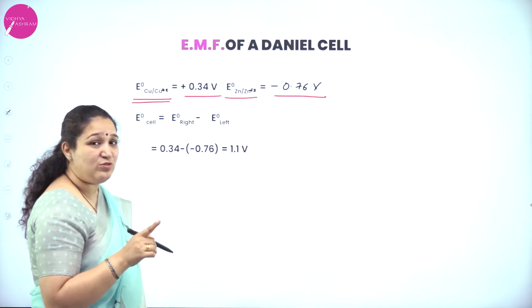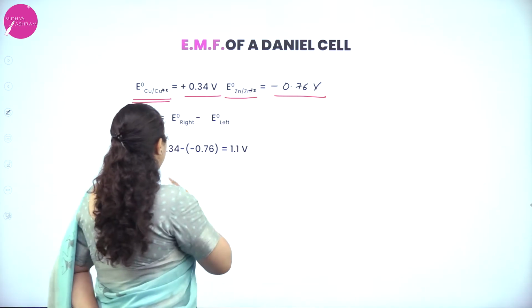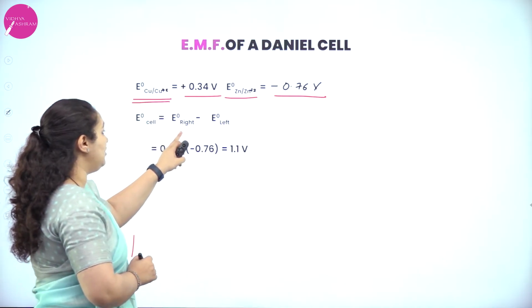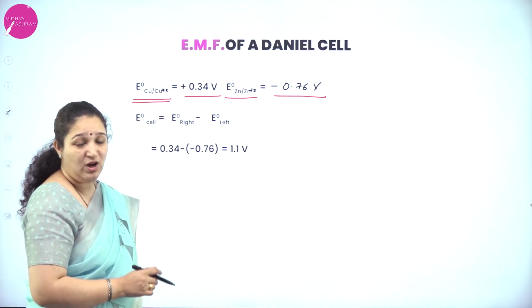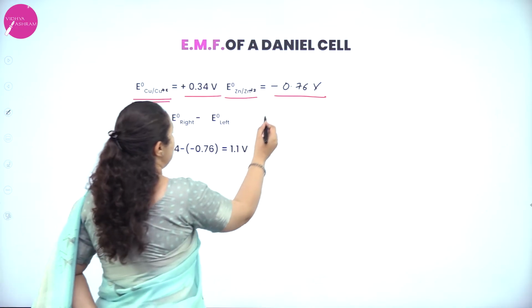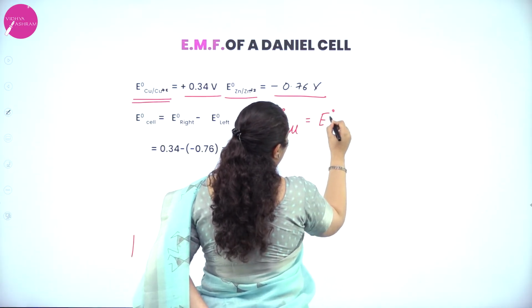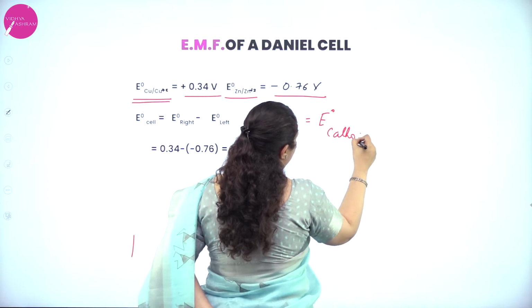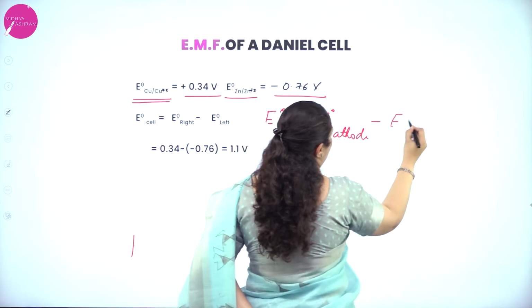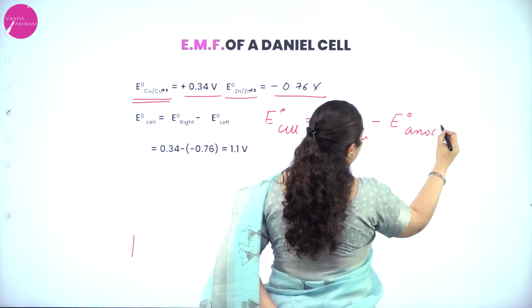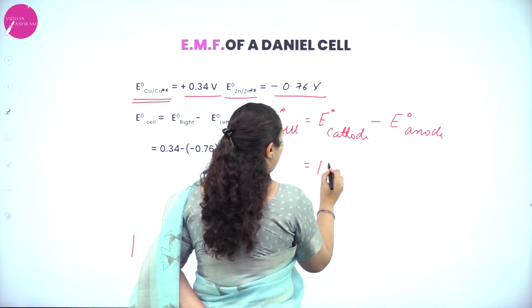The EMF of the cell calculation formula I had explained: E naught of the cell is equal to E naught right minus E naught left, or we can also write it as E naught of the cell is equal to E naught of cathode minus E naught of anode. Now here in the Daniell cell, what did we use?